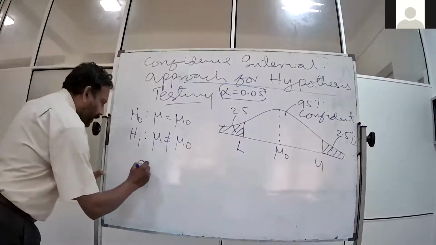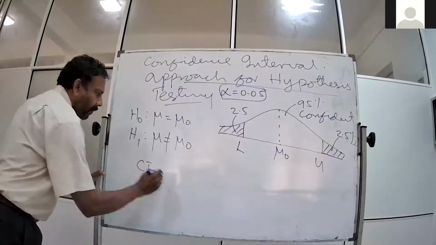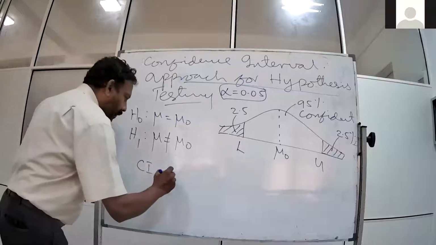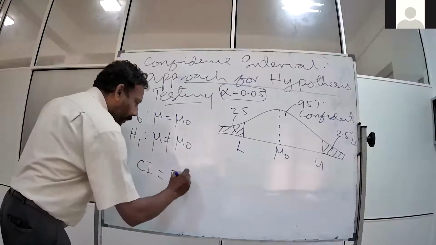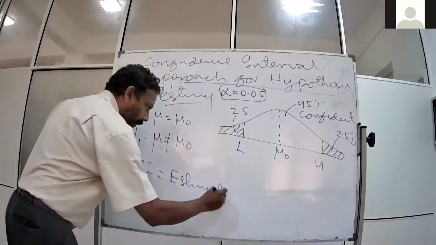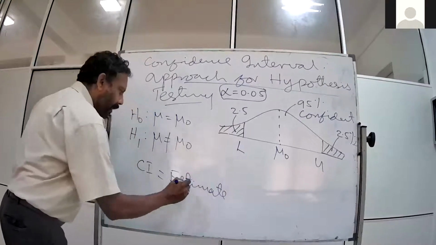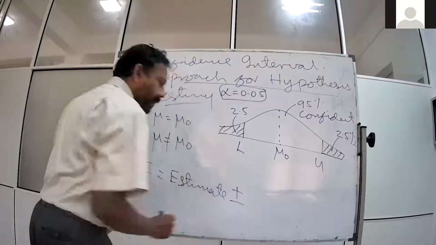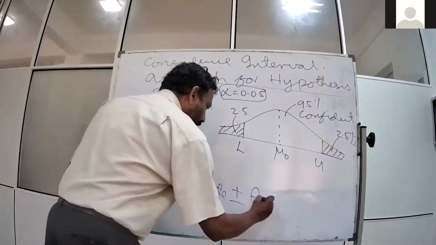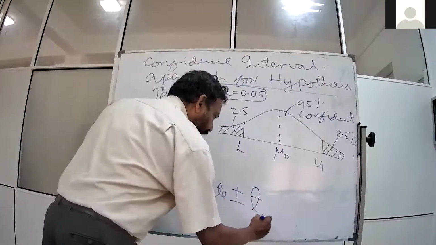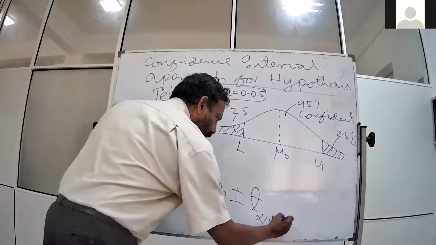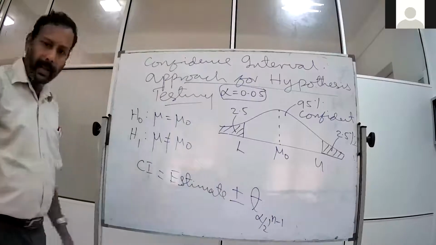The confidence interval, there is a formula for that, right? It is based on the estimate. Confidence interval is the estimate plus or minus the t table value, which has alpha by 2 and n minus 1 degrees of freedom, right?